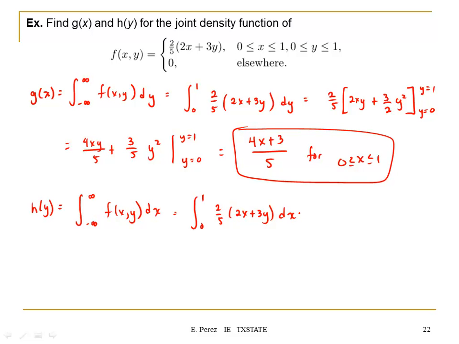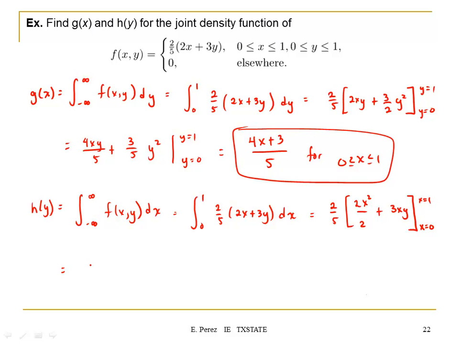If we solve this, this is equal to 2 over 5 times 2x squared divided by 2 plus 3xy, evaluated from x equals 0 to x equals 1.